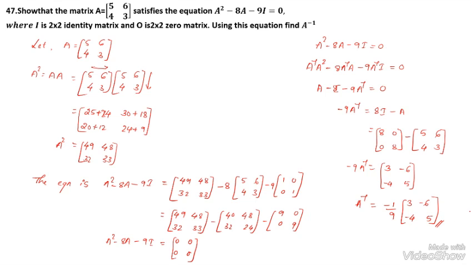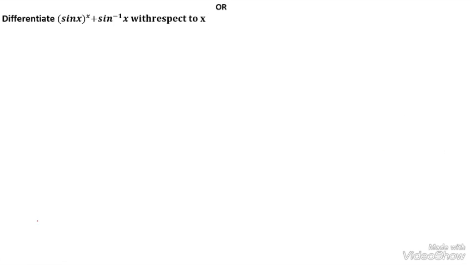Now, let's move on to the last question, another 4 marks question. Differentiate sin x to the power x plus sin inverse of x with respect to x. Let me consider the whole expression as y, that is y equals sin x to the power x plus sin inverse x.